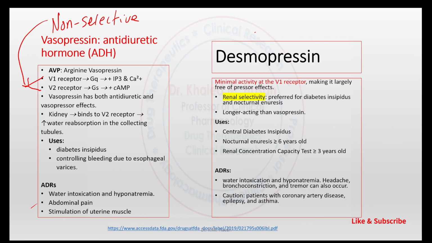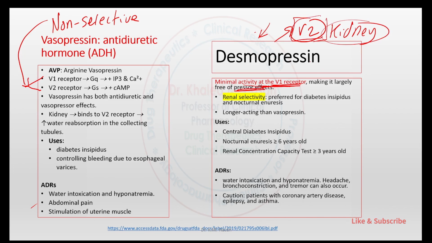They developed desmopressin. Desmopressin mainly affects the V2 receptor in the kidney, with minimal or no effect on the V1 receptor. The main effect will be on the V2 receptor, which is mainly available in the kidneys.